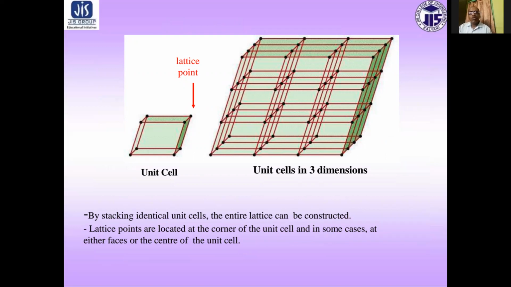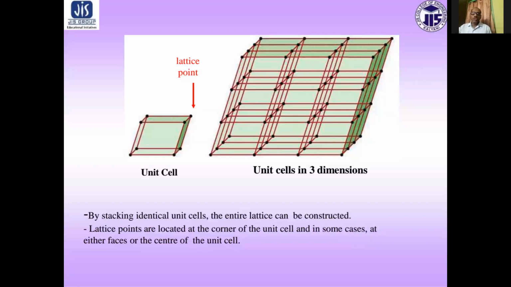This is also called point lattice, which is shown in this figure. Every point in the space lattice has identical surroundings with that of every other point.